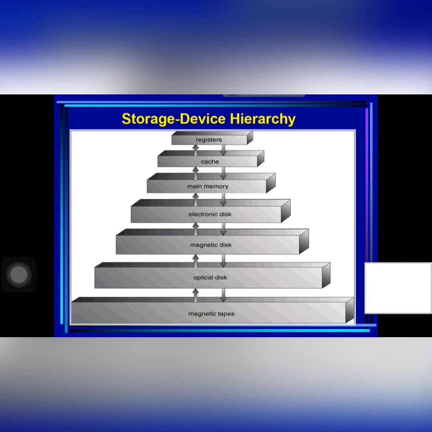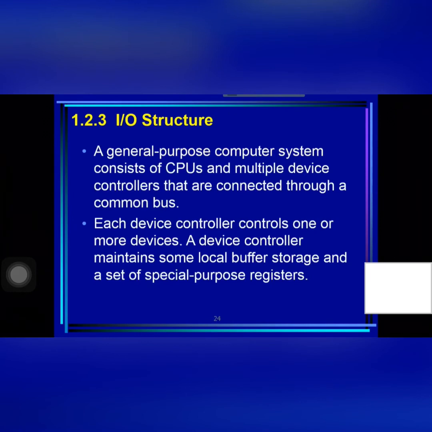I/O structure. Storage is only one of many types of I/O devices within a computer. A large portion of operating system code is dedicated to managing I/O, both because of its importance to the reliability and performance of a system, and because of the varying nature of the devices.